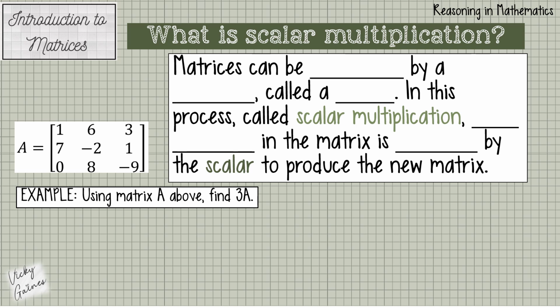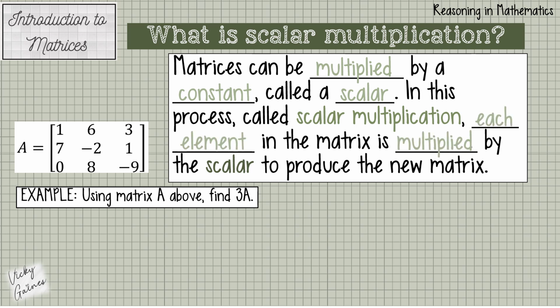What is scalar multiplication? Matrices can be multiplied by a constant, so a number. It's called a scalar. In this process called scalar multiplication, each element in the matrix is multiplied by the scalar to produce the new matrix. So there's matrix A, and we're going to find 3A.